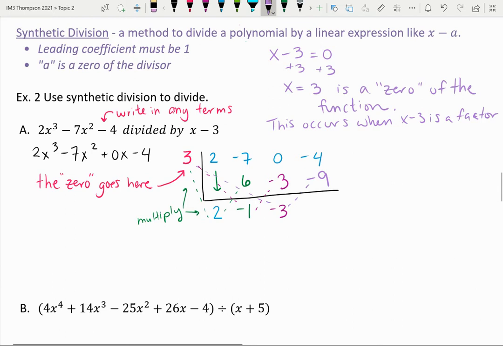Add down. -4 and -9 is -13. When there's no spaces left, and there's nothing more to keep going, then I'm done. That last thing is the remainder. If the remainder is 0, then it goes in evenly.